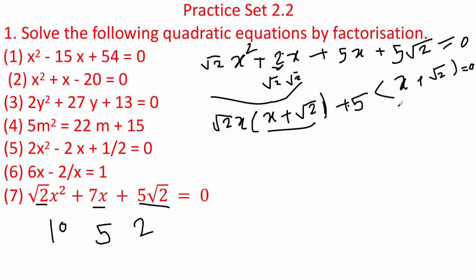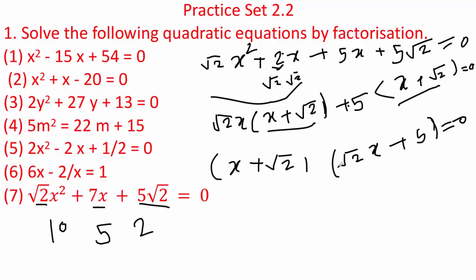X plus root 2, this factor is common, therefore it is written one time, it is taken common, and in second bracket we shall write remaining things.